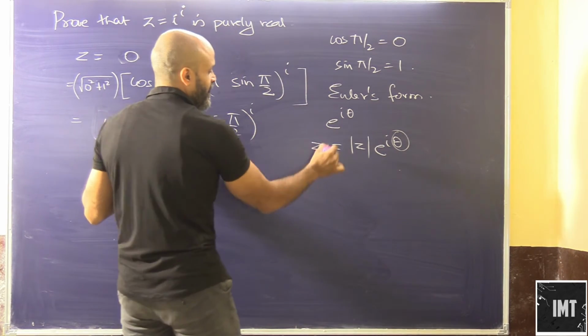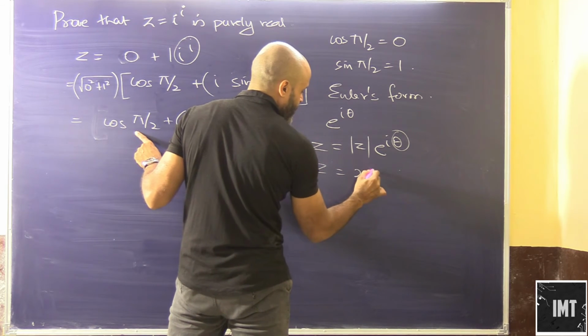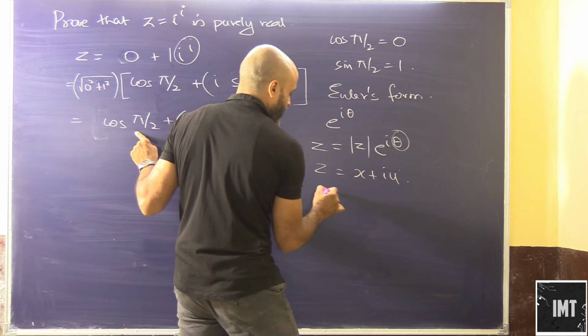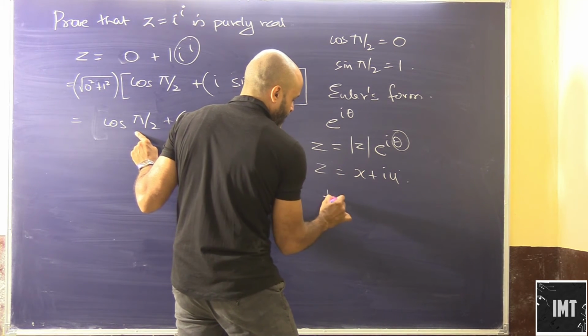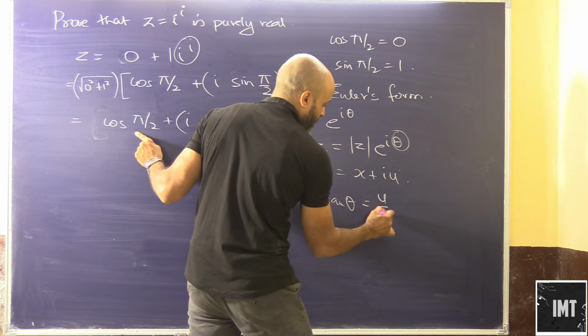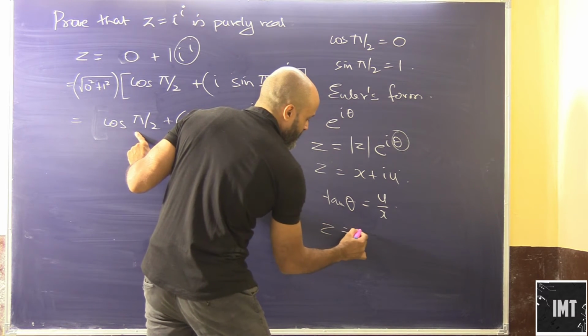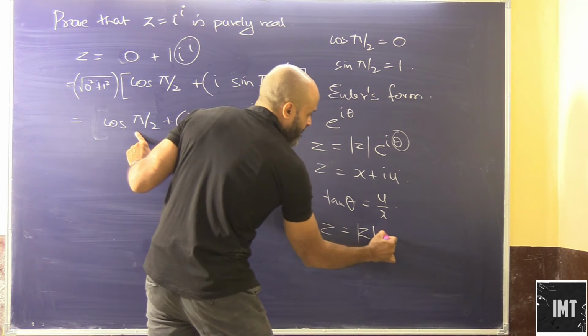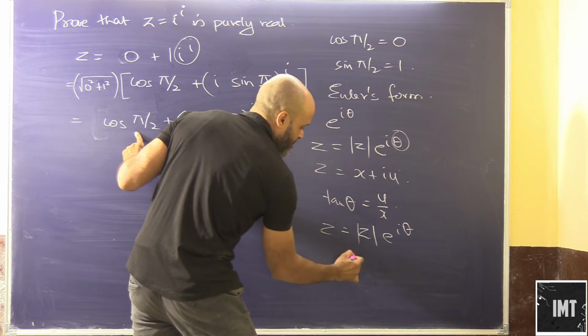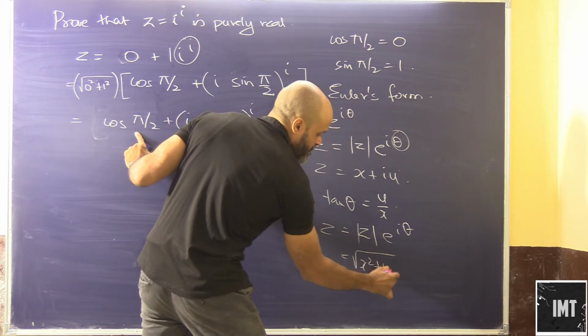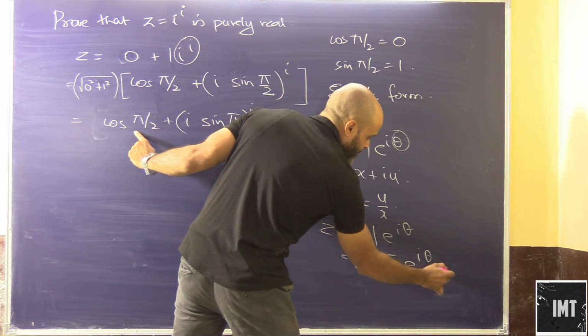If a complex number is x plus iy, and let's say tan theta is y by x, we can write the complex number as the product of z into e to the i theta, where z basically means root of x square plus y square.